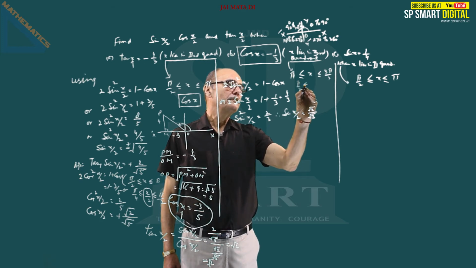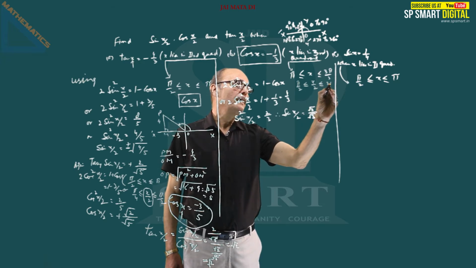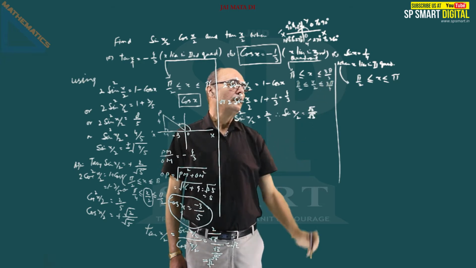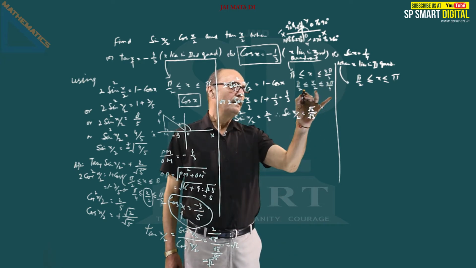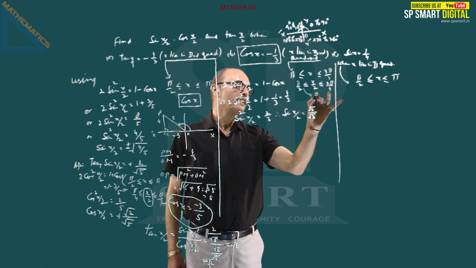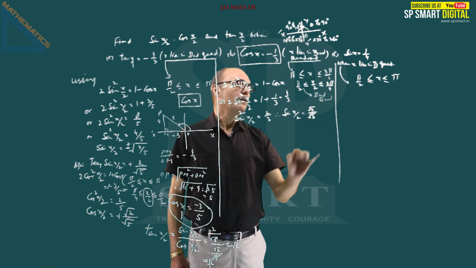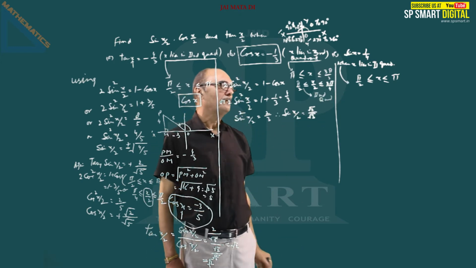Pi by 2 less than or equal to x by 2 less than or equal to 3 pi by 4. That means this lies in the second quadrant, where sin x by 2 is positive.